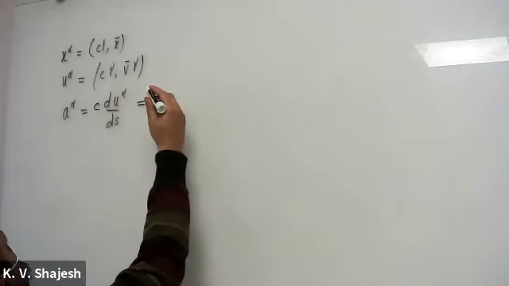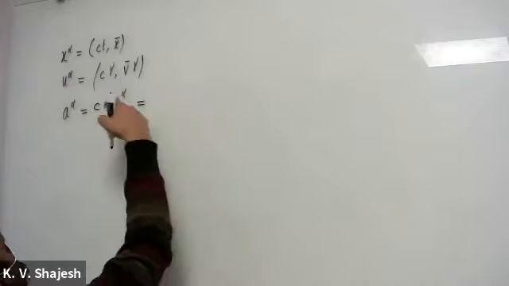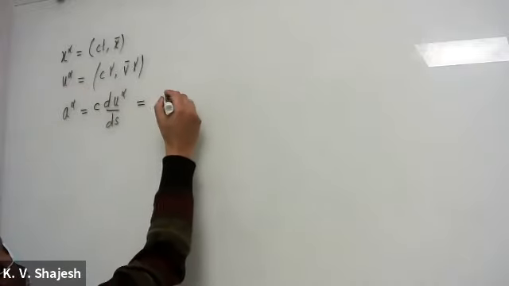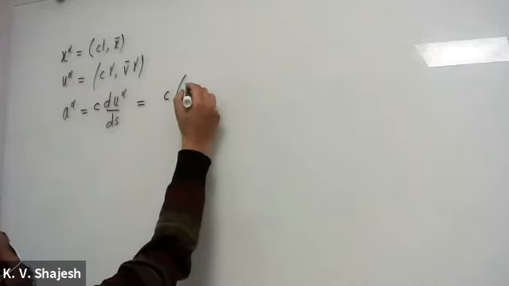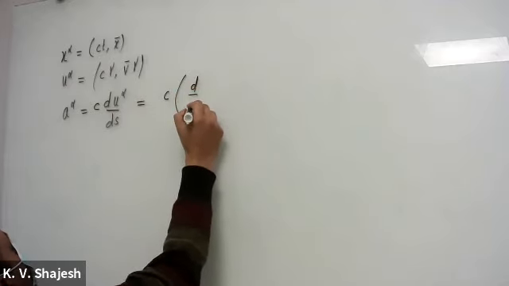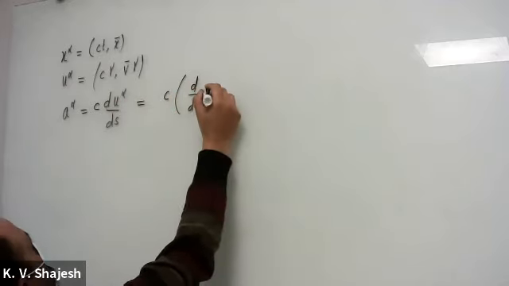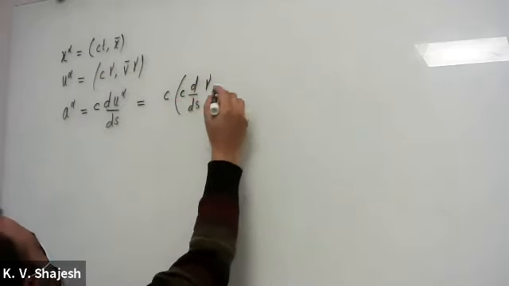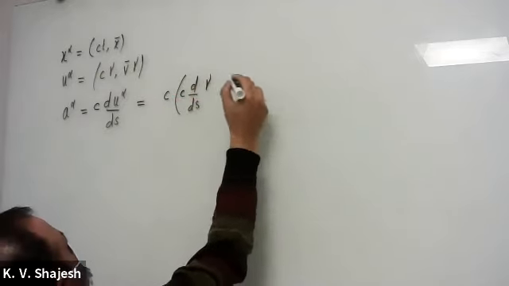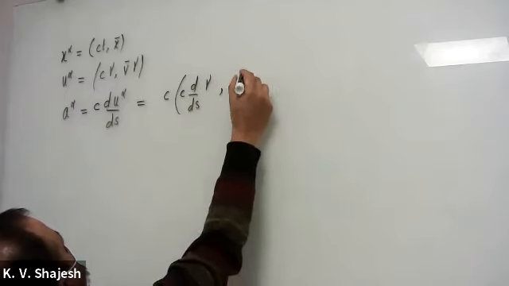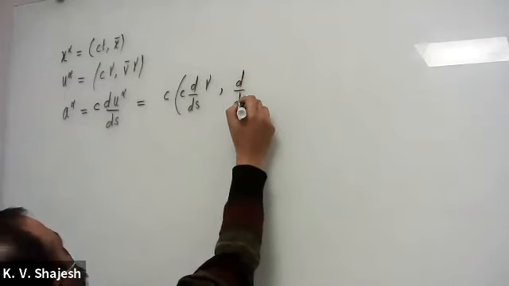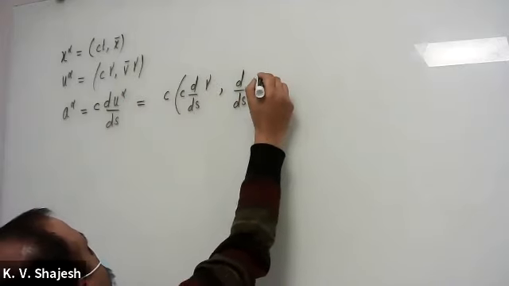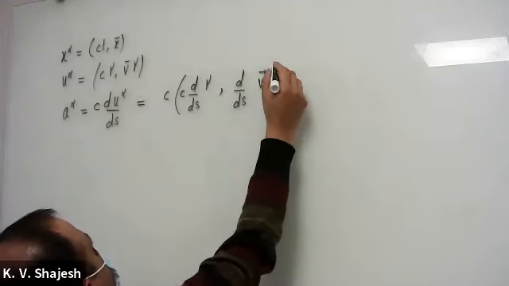So it is c times d by ds of c times gamma, so that's c times gamma, and this is d by ds of v and gamma.